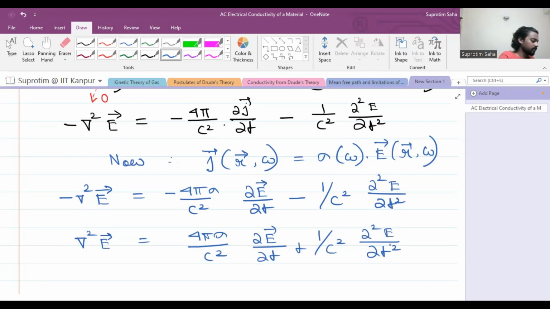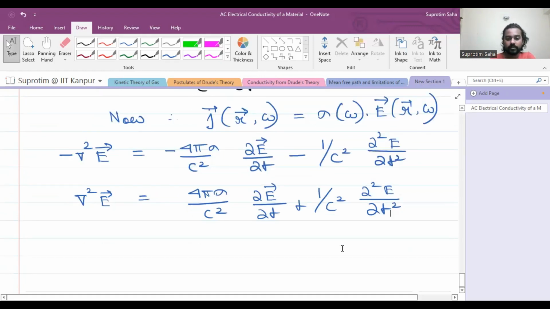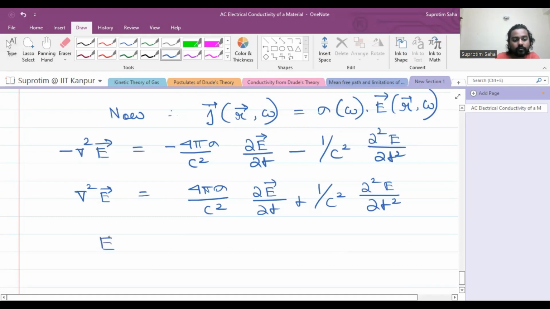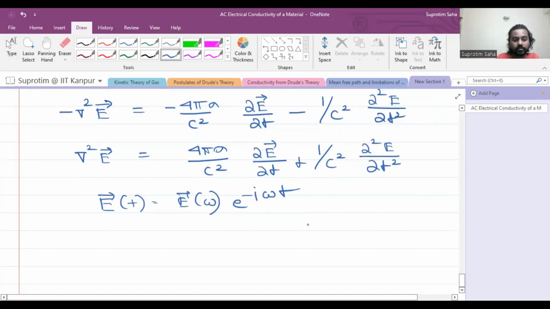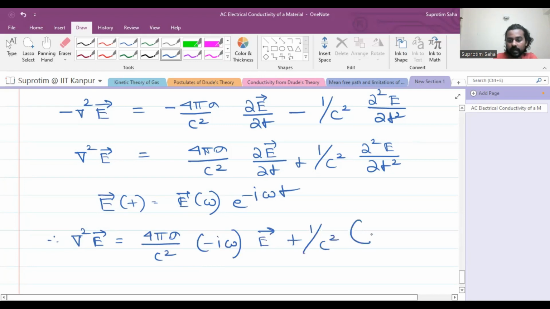Now, continue this. Therefore, Laplacian of E equals 4 pi sigma by C squared minus i omega E vector plus 1 by c squared minus omega squared.